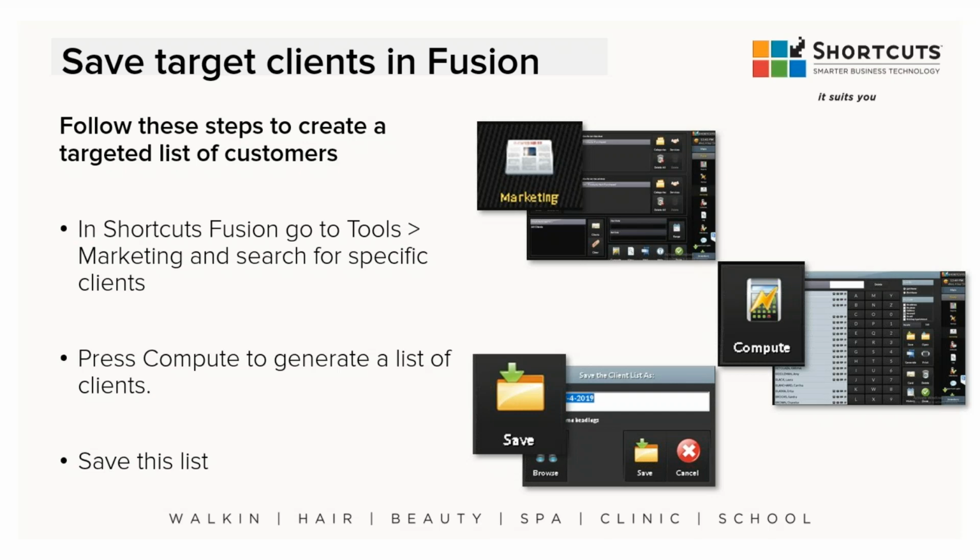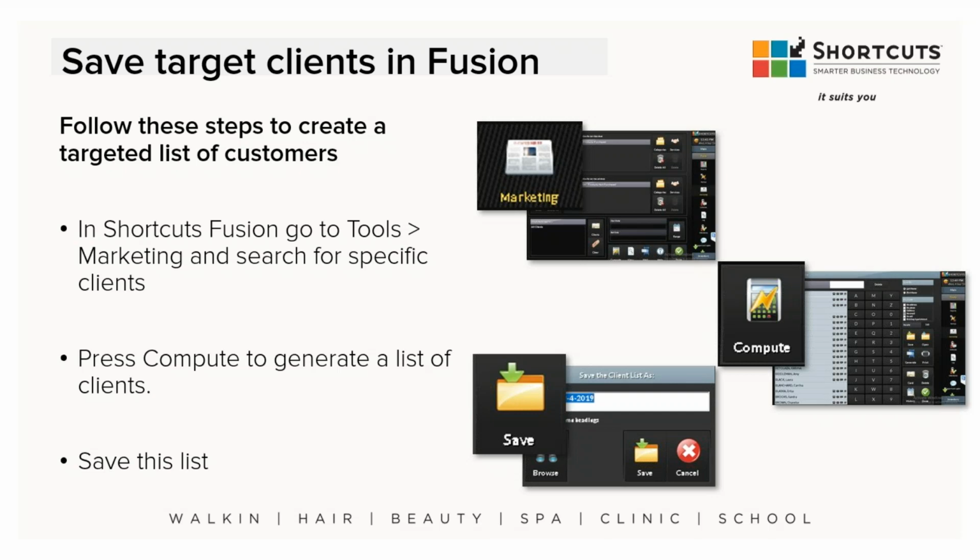So in the marketing screen, you're going to tell Shortcuts a few pieces of information. What types of customers are you looking for? Why are you looking for these clients? Because normally you would just message everybody that visits your salon or your spa or your barbershop.